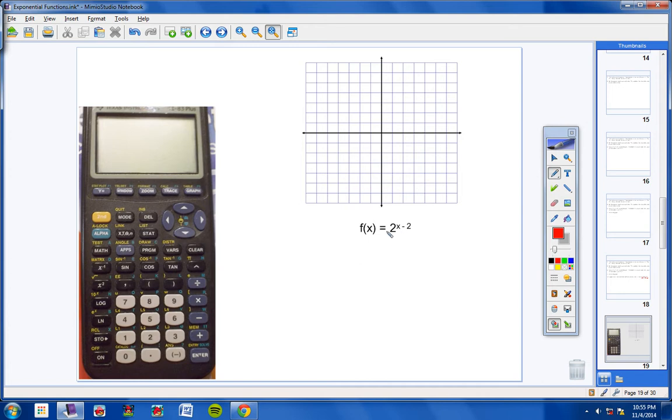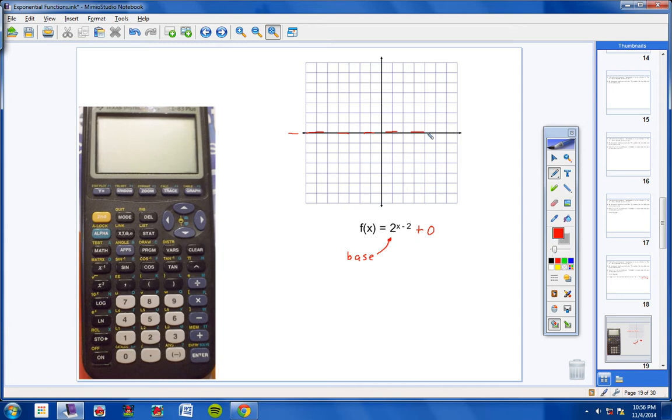Now notice this 2 right here is not your constant term. It's your base, okay? It is your base. So this exponential function here does not have a constant term. So you put plus what? 0. Plus 0. So that tells you right there your horizontal asymptote is going to be at 0.